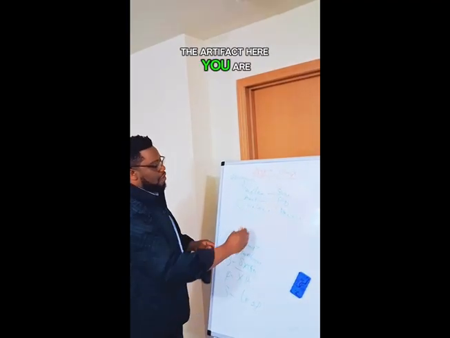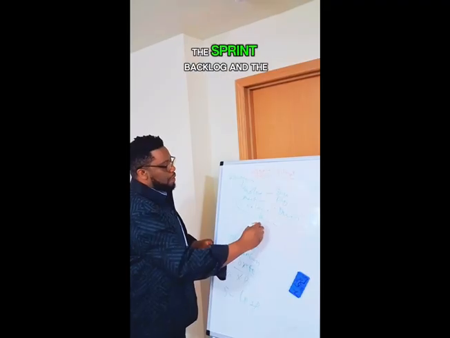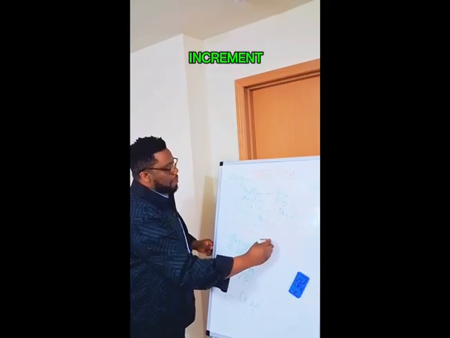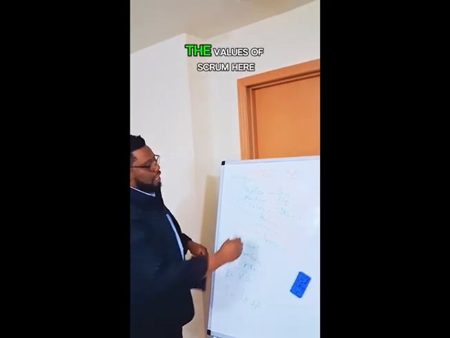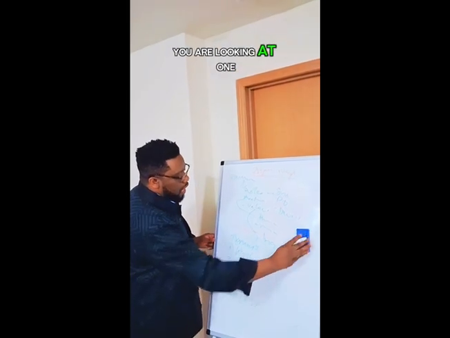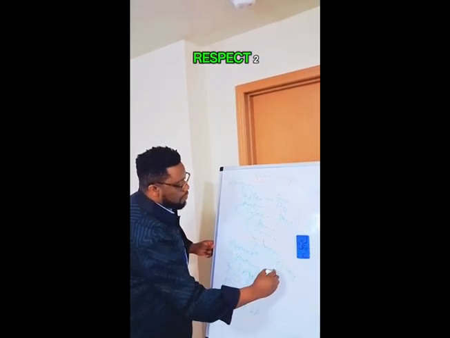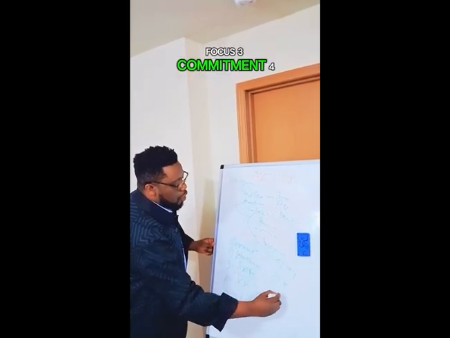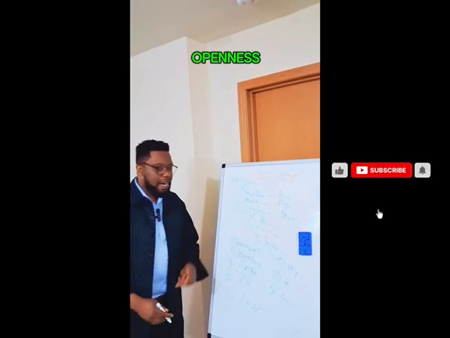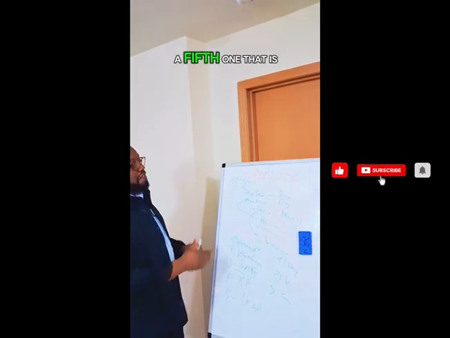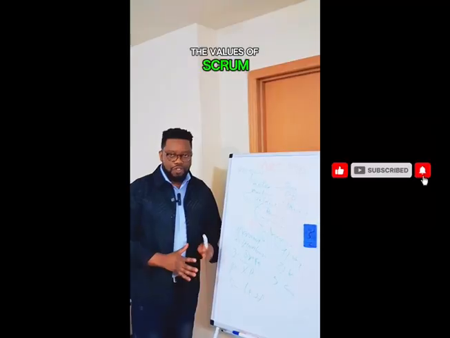The artifacts here, you are looking at the product backlog, the sprint backlog, and the increment. The values of Scrum here, you're looking at one, respect, two, focus, three, commitment, four, openness, and of course, there is a fifth one. That is the values of Scrum.